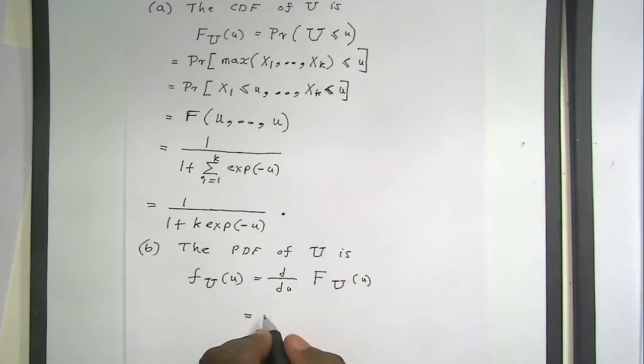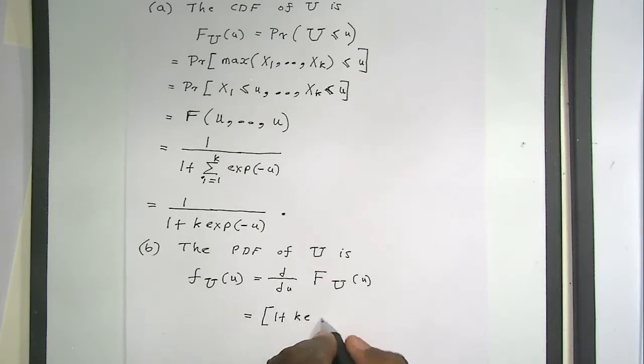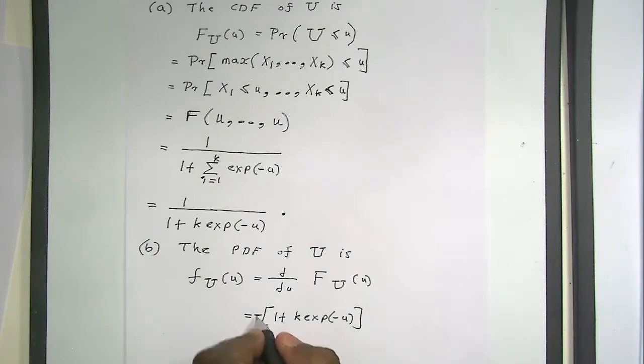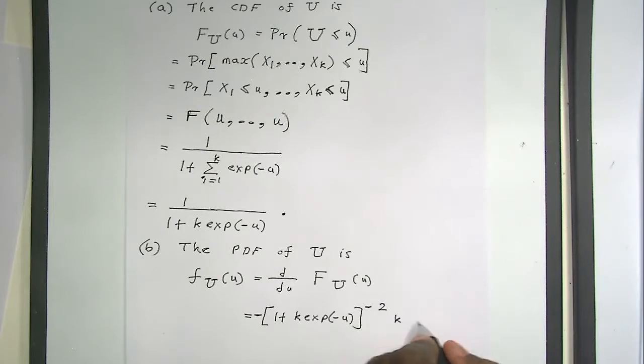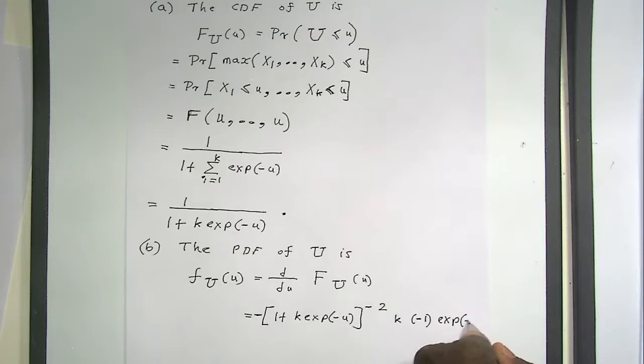If you differentiate it, you get a minus to the power 2, then k times exponential of minus u.